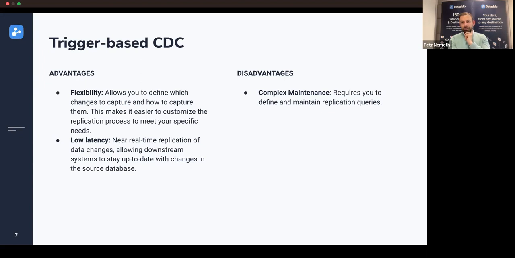Here, you need to maintain the triggers. So in case you have a database with 200, 300 tables and you need to capture the changes for all of them, you will probably need to define a trigger for each single table. And I guess you can imagine the complexity and the overall maintenance cost of that kind of solution.